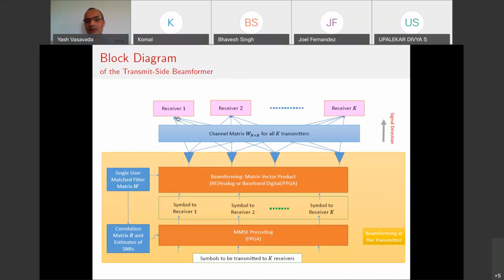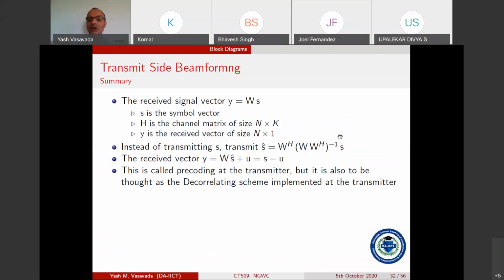And this part here, it is just happening through the propagation mechanism. The receiver is not doing anything whatsoever. It is the transmitter which is doing all of the beamforming operation. The receiver is just happily receiving the symbols, and it receives the symbol as if there is no interference.